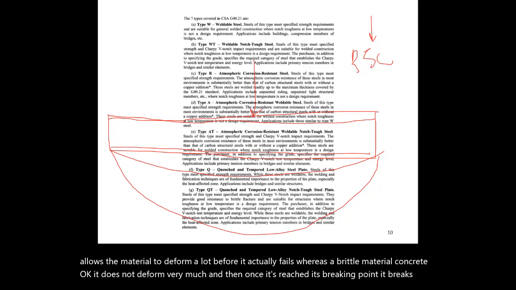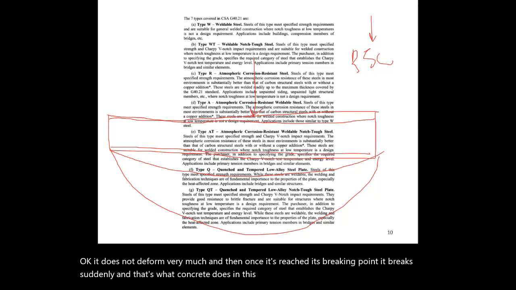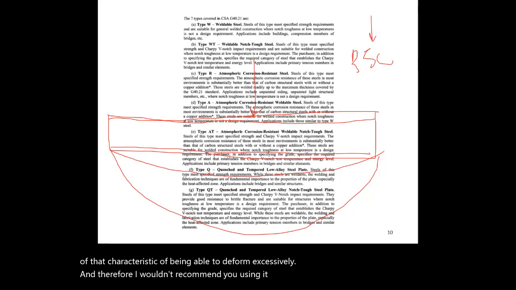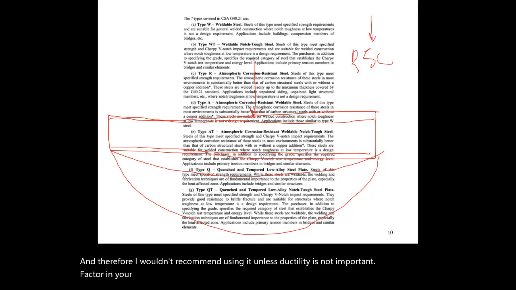And this quench steel, unfortunately, does lose some of that characteristic of being able to deform excessively. Therefore, I wouldn't recommend using it unless ductility is not an important factor in your design. So that's what ductility is.